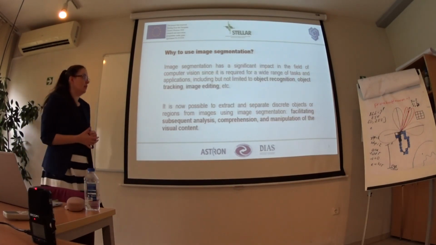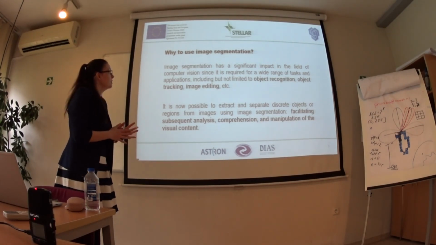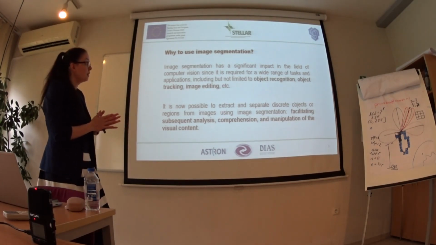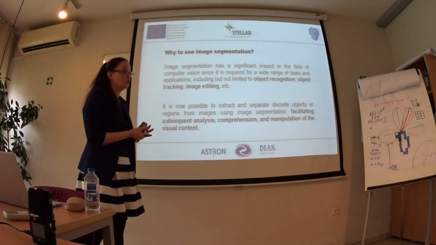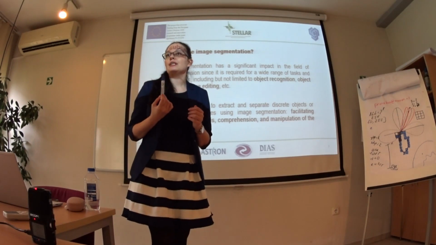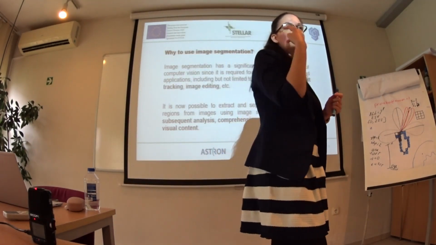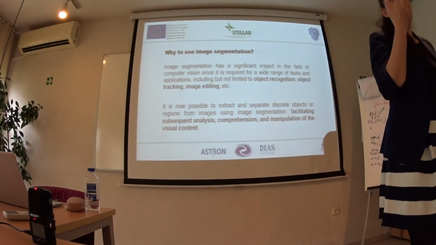Why use segmentation? Probably it's obvious, but sometimes it's not: it has a significant impact on the field of computer vision, which means we get the possibility to take the information and process it. We see with both our eyes, and when we were young, somebody explained to us what this or that is.